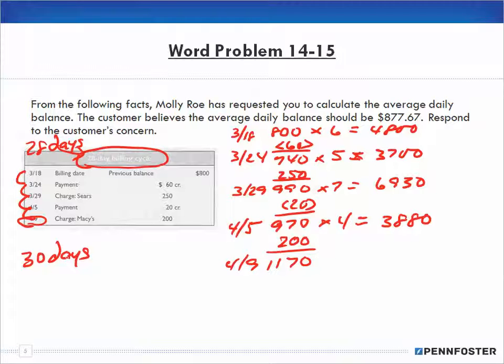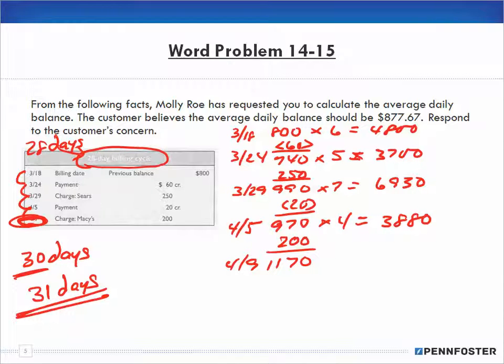In the chapter it showed an example using 30 days, and in the videos I discussed having 31 days in a month and how that would change the remaining days before the end of the period.